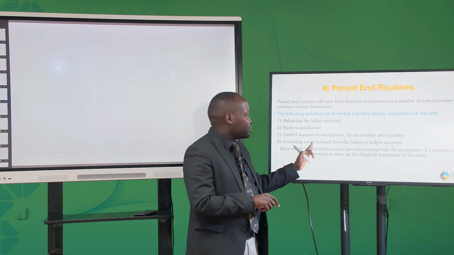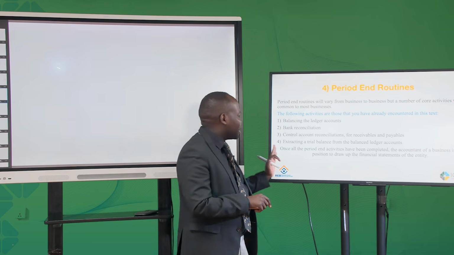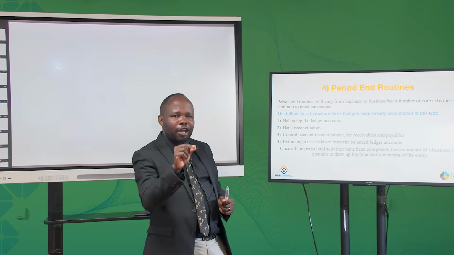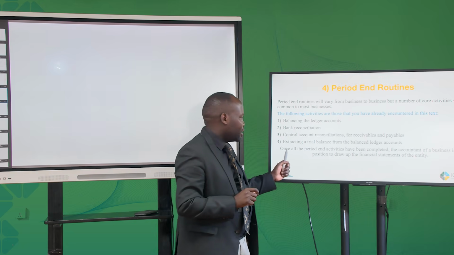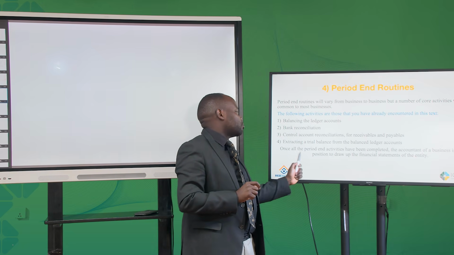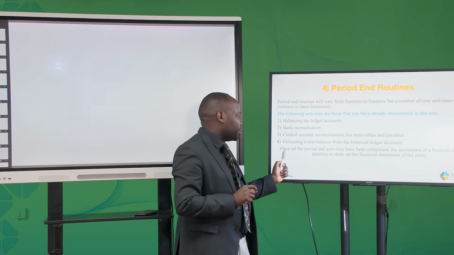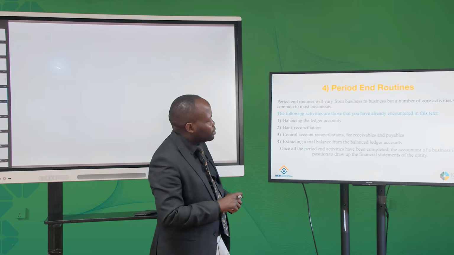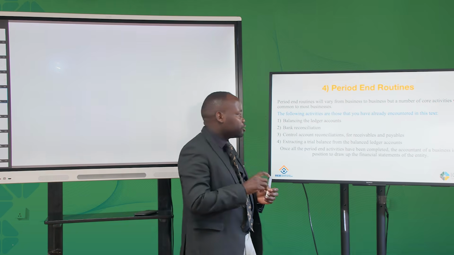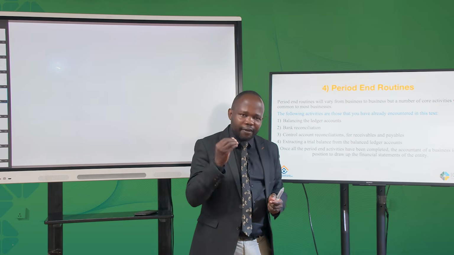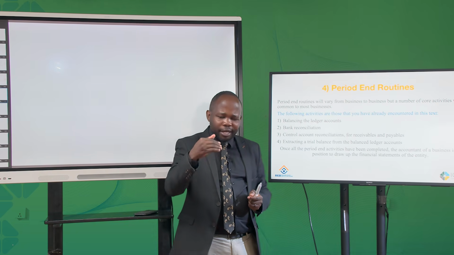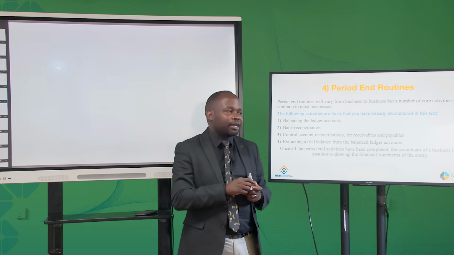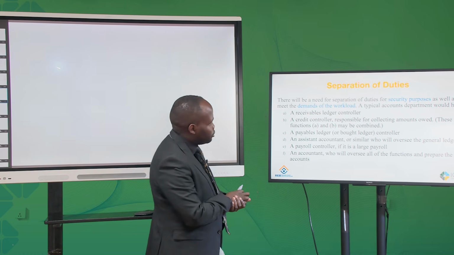Number four, extracting the trial balance from the balanced ledger accounts. So you must always prepare the trial balance from the ledger accounts. Once all these routines have been done, the accountant of a business is in a position to prepare the financial statements. Now, in this syllabus, which financial statements? Statement of profit or loss and statement of financial position.